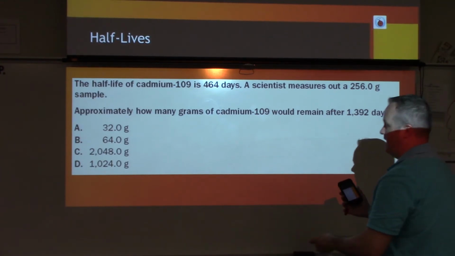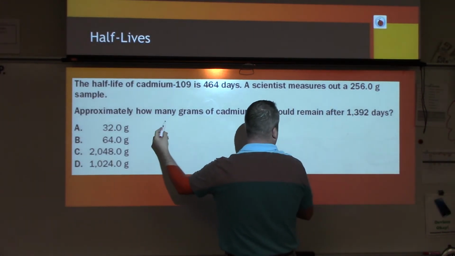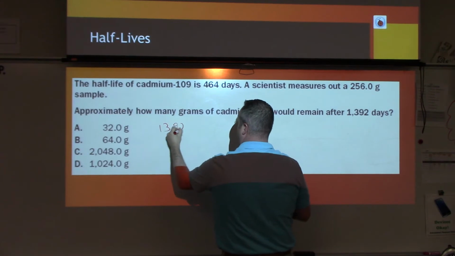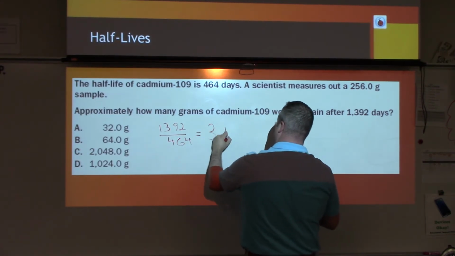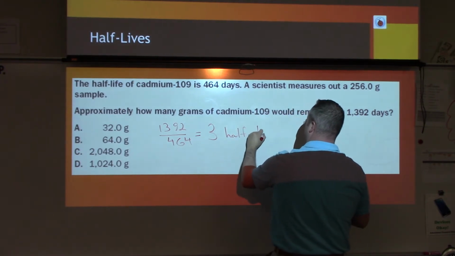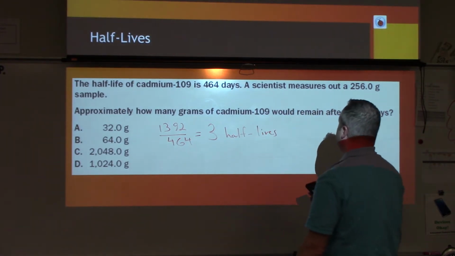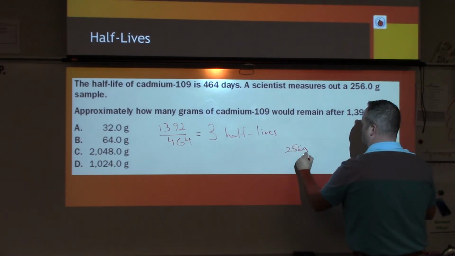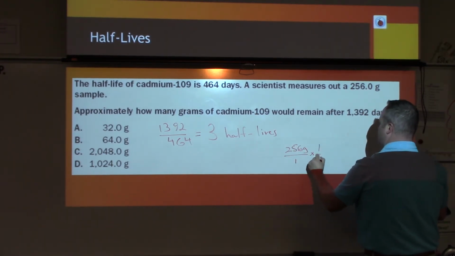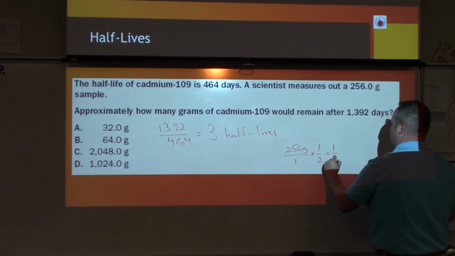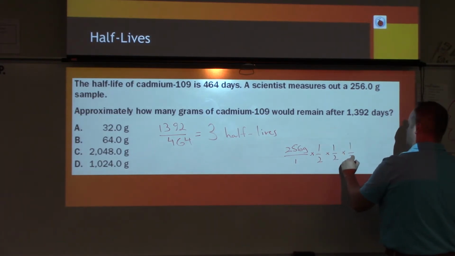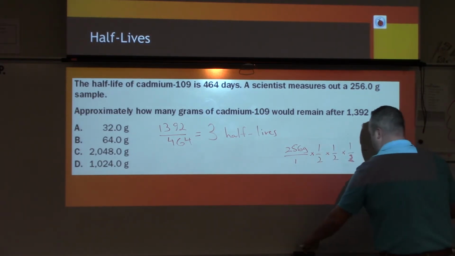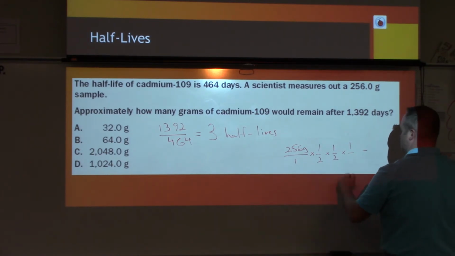When I do that, I'm going to get 3 half-lives. So basically what I'm doing right here is I'm going to take 256 grams, and I'm going to multiply that by half 3 times.